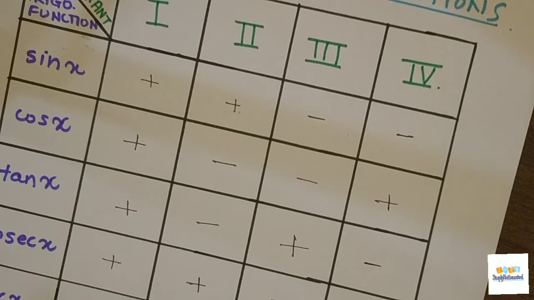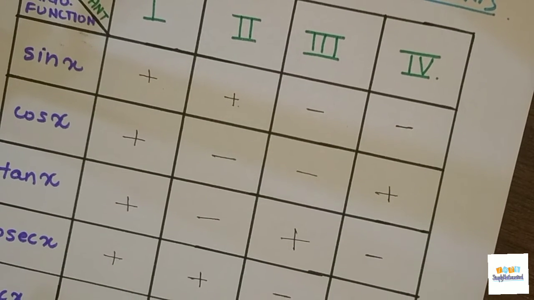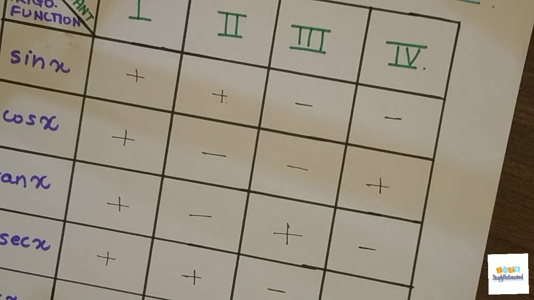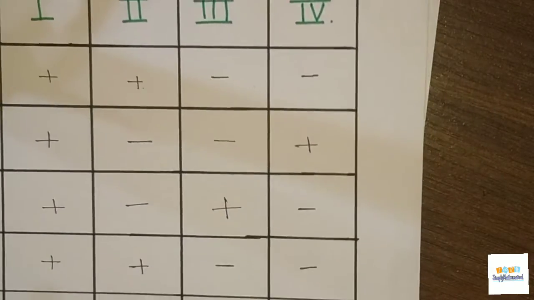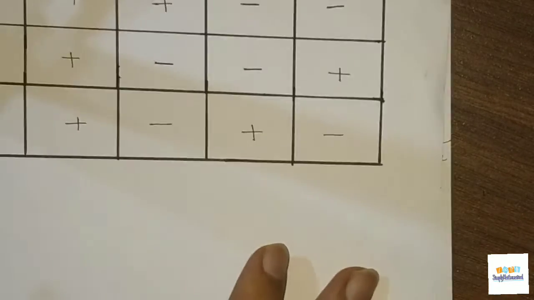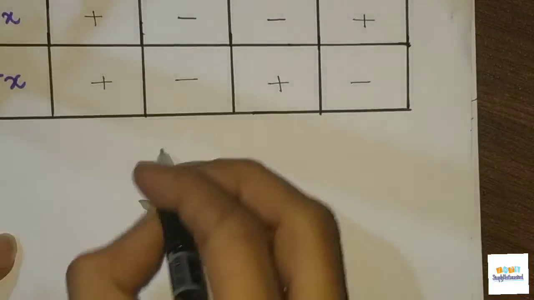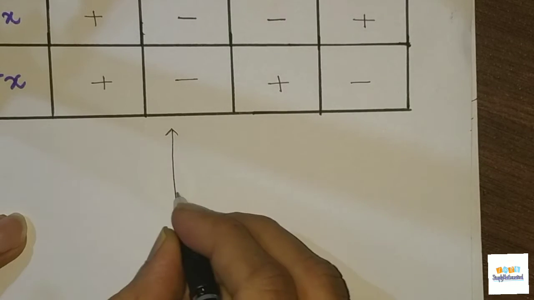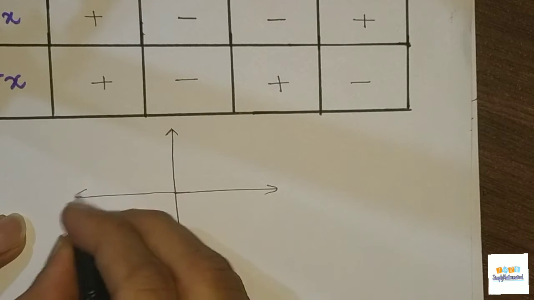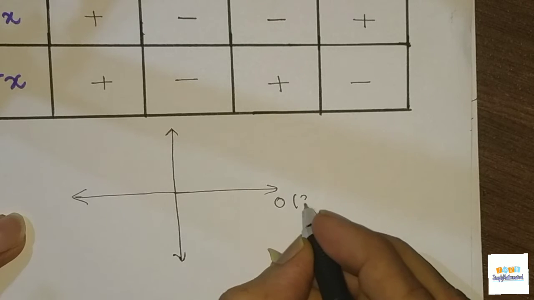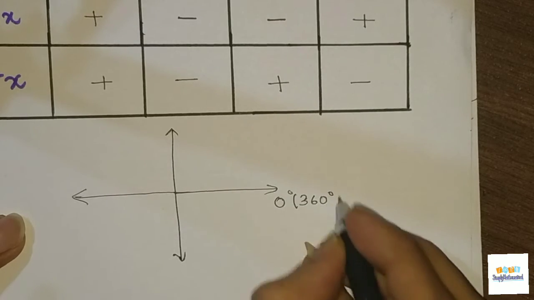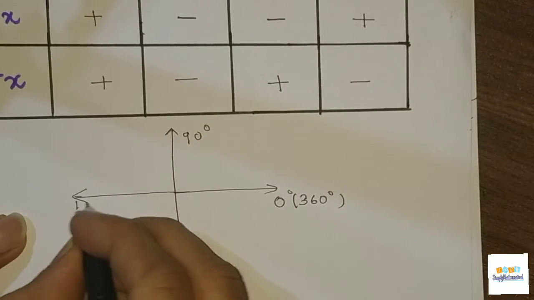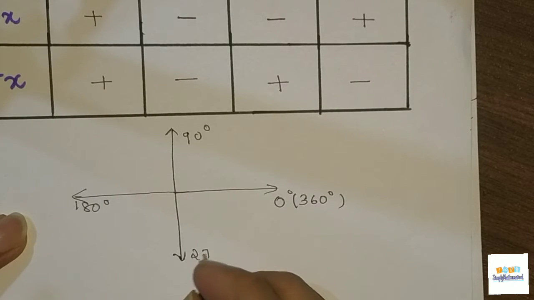Now this is a little difficult to remember. So I'll tell you the shortcut method to find out the signs in the quadrants. If you look at the coordinate axis again, this is 0 here, also 360 degrees, and this is 90 degrees, then 180 degrees and 270 degrees.